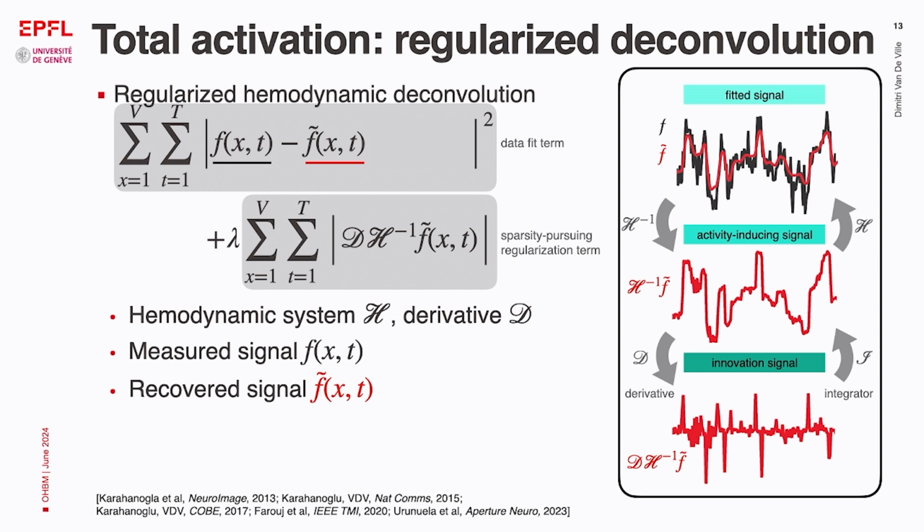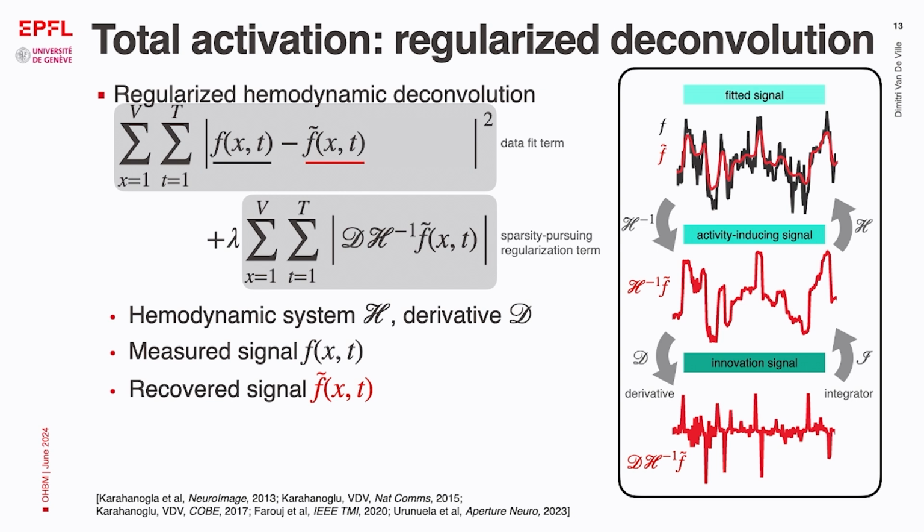Now, sparsity can be expressed in this variational criterion by the second term, which is called the regularization term, and which actually is a sum of absolute values, or mathematically an L1 norm, and that is known, if you optimize it, to pursue sparsity.